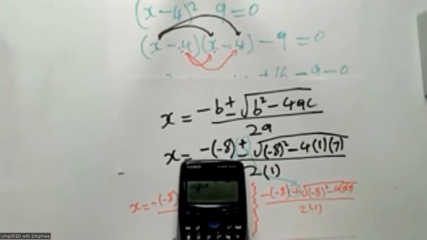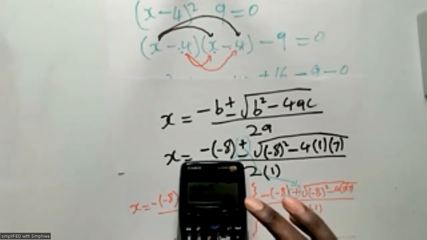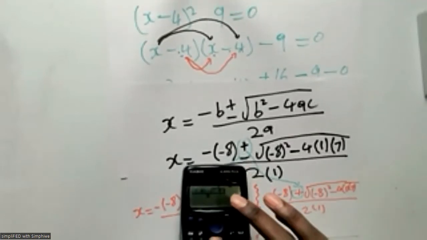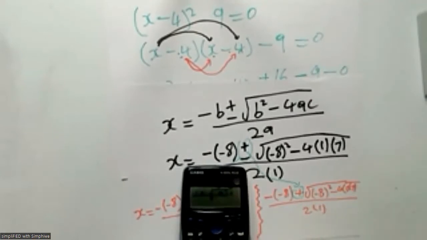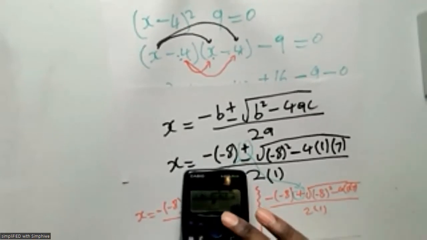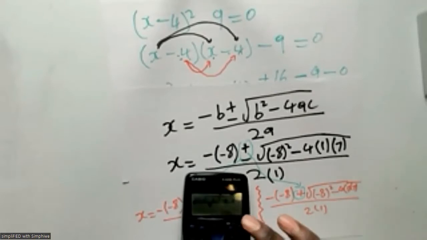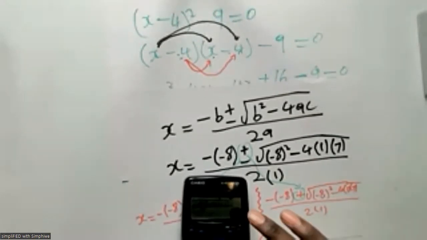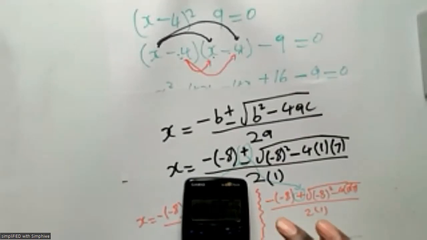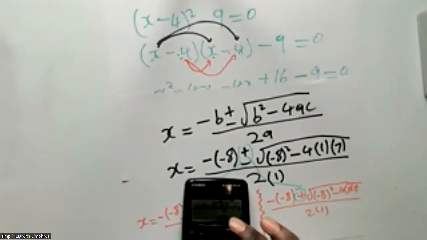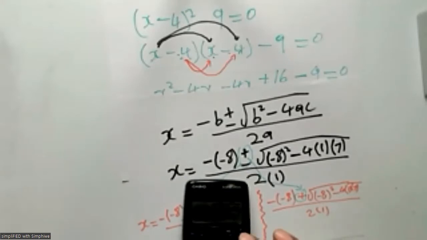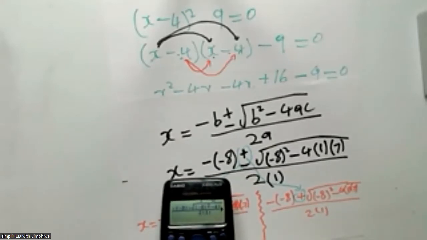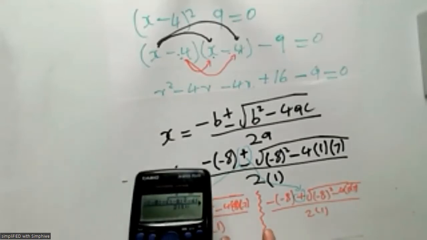Minus, open bracket, minus 8, close bracket, minus square root of, open bracket, minus 8, close bracket, squared, minus 4, open bracket, 1, close bracket, open bracket, 7, close bracket, all over 2, open bracket, 1, and then I close my bracket.